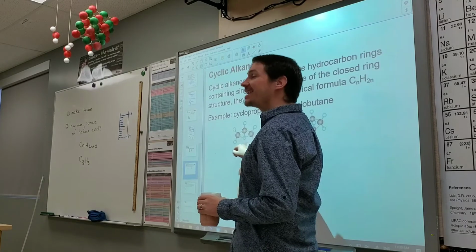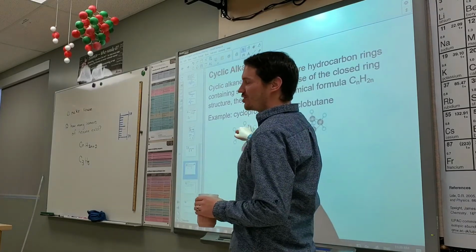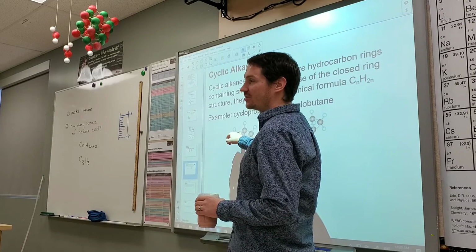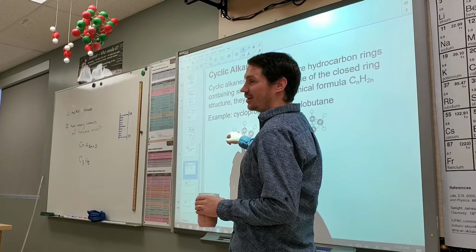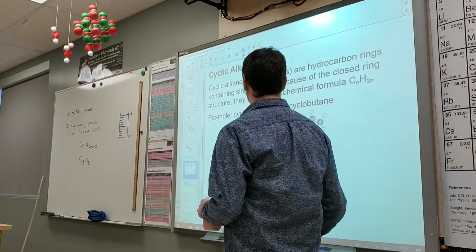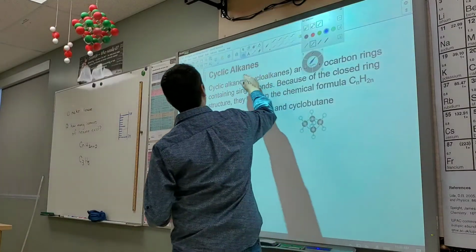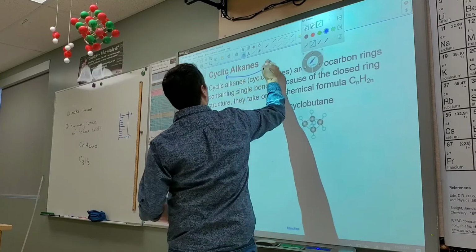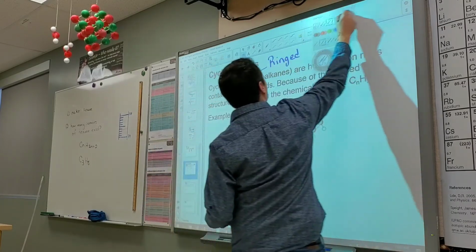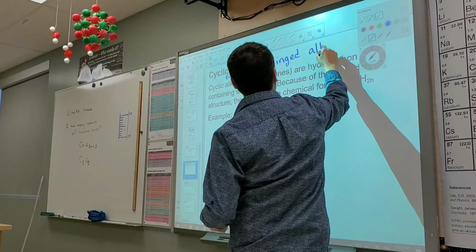So a cycle is just a ringed structure. So cyclic alkanes, all that means is a ringed alkane.